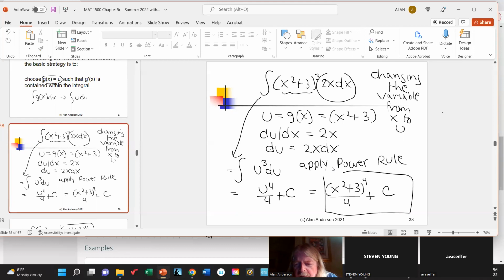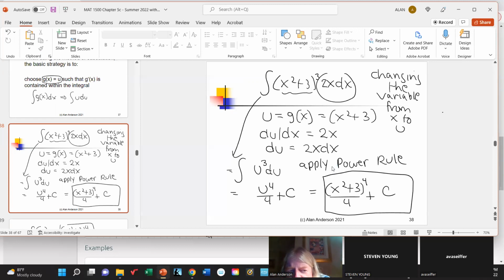So like I said, this is a very complex idea. I didn't want to rush through it. I just want to introduce it to you so that we can do several examples of this on Thursday. And once we've done it 5 or 10 times, you'll see that after a while, you start to get pretty good at this. But for very complicated cases, sometimes the choice of u is not always obvious.